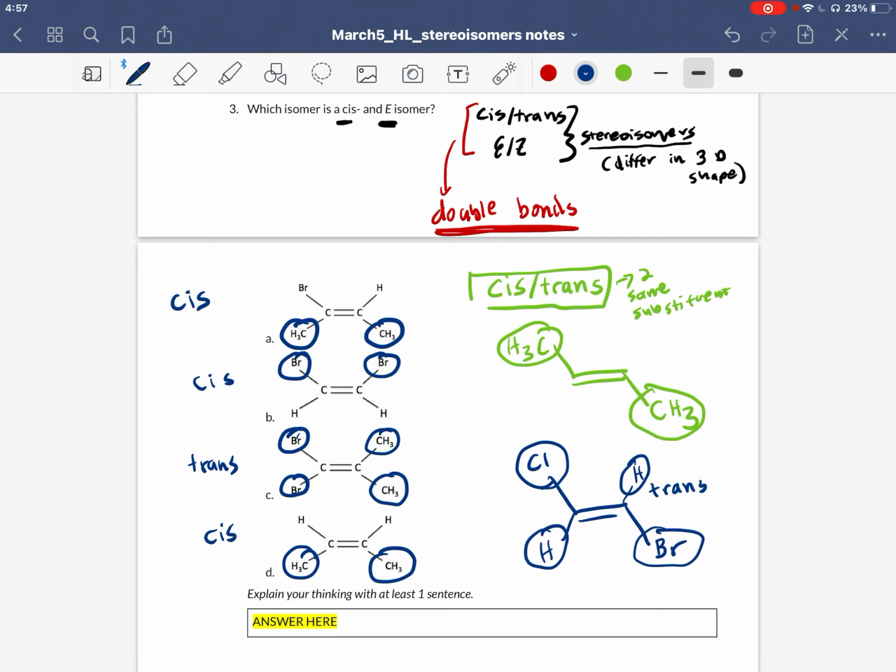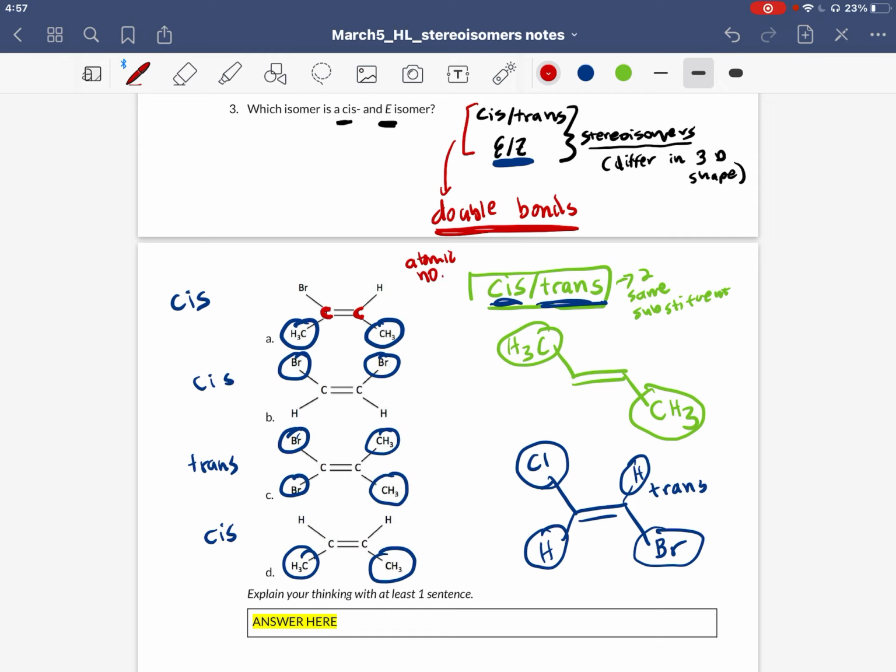There are plenty of molecules with a double bond where you just can't say cis or trans. It just doesn't work to describe them. And so that's why we have E and Z. How do I figure out EZ priority? For EZ priority, I look at each carbon individually and figure out the priority based on atomic number. So what does that look like with A?